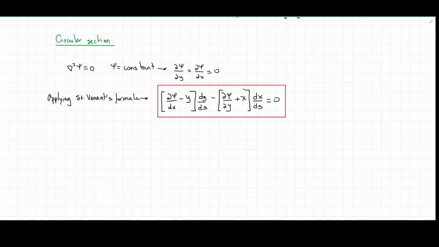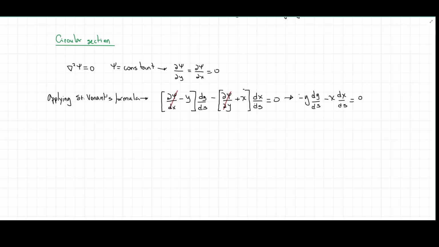And let me delete the stroke eraser. Then I'm going to know that these are going to be 0 and 0. And Saint Venant's formula is going to be simplified to the following: minus y dy/ds minus x dx/ds equal to 0.